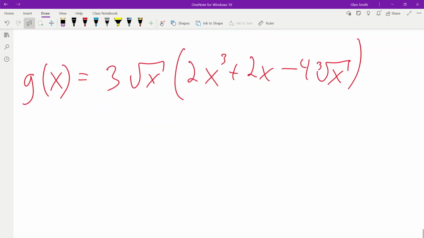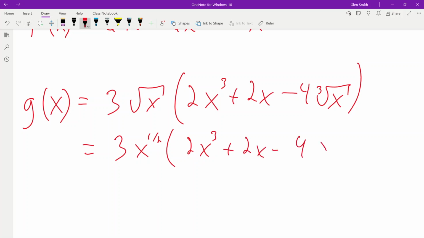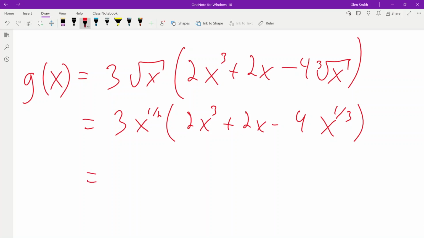Anyway, because we want this to be number times x to a power, right? That's what we need here. I'm going to distribute the 3 root x into there. Can we handle that? Yes. Do we all know that this itself is equal to 3x to the 1/2 times 2x cubed plus 2x minus 4x to the 1/3? So that's equal to, ready, 6x to the 7/2.